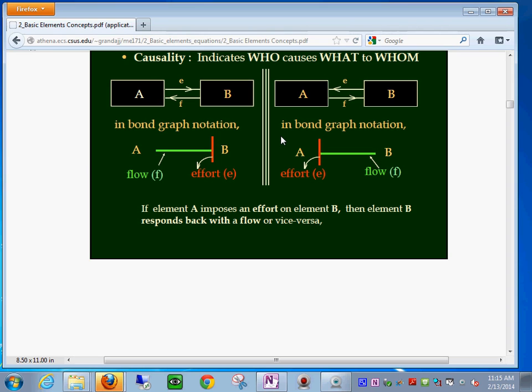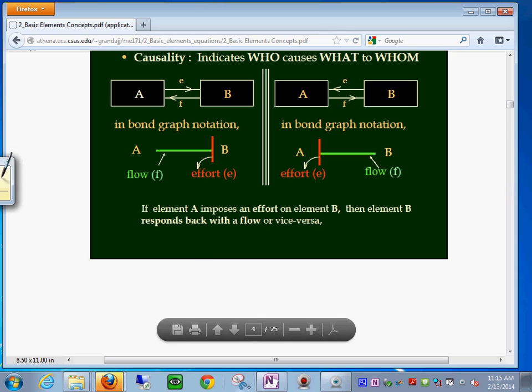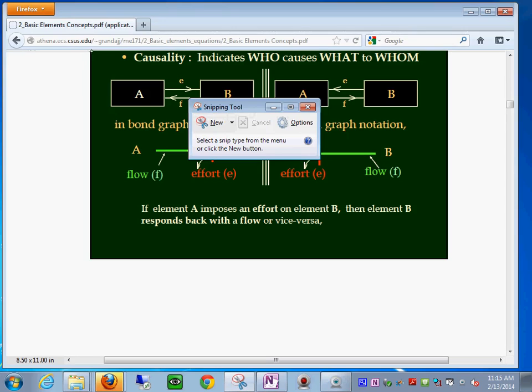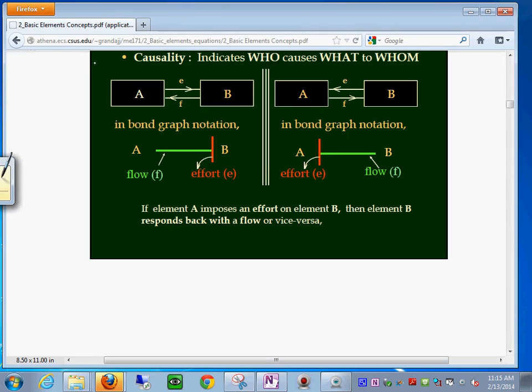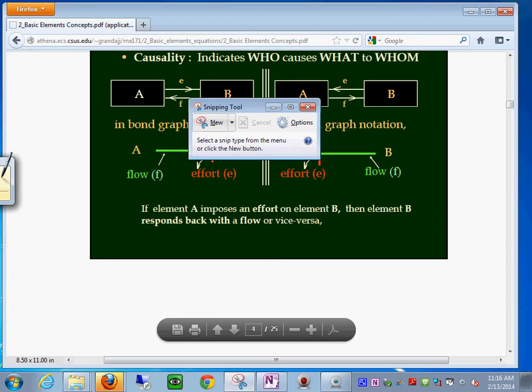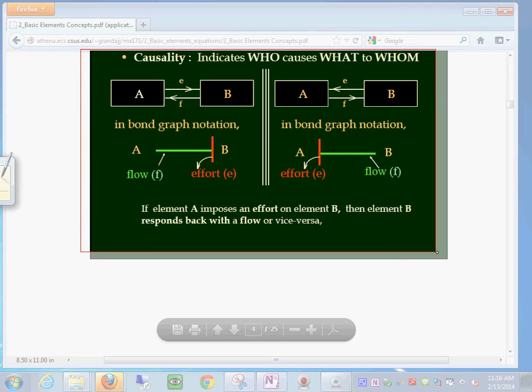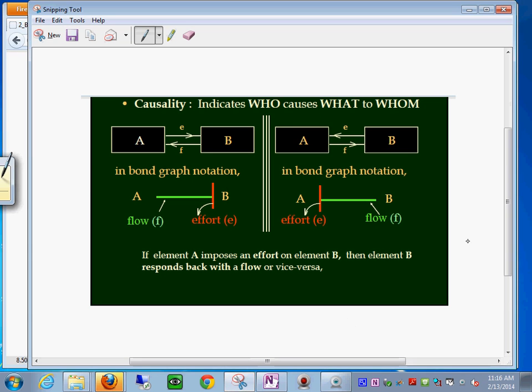I could actually make a little bit more comments in here to help you clarify this. Let's see what happens. Now I can write on it.